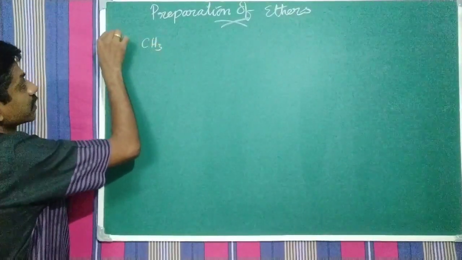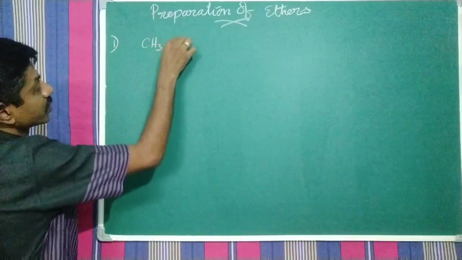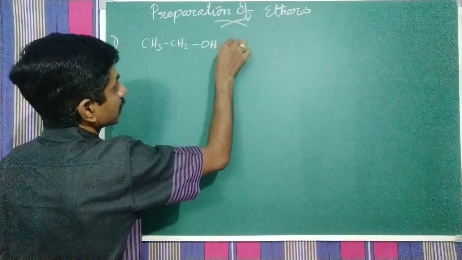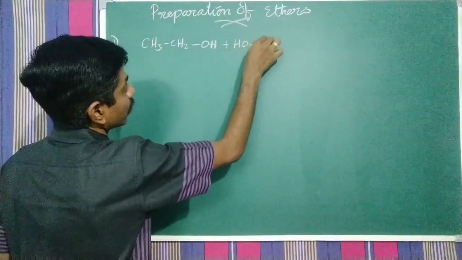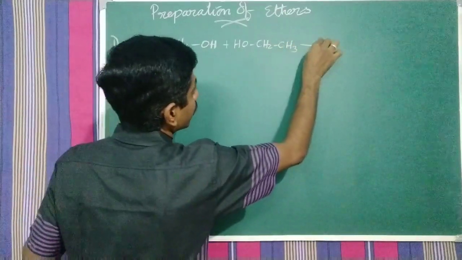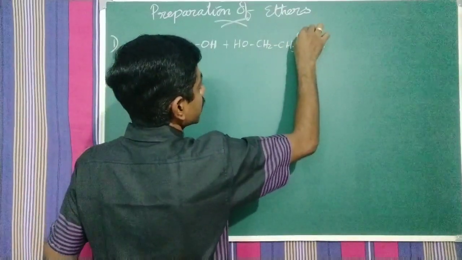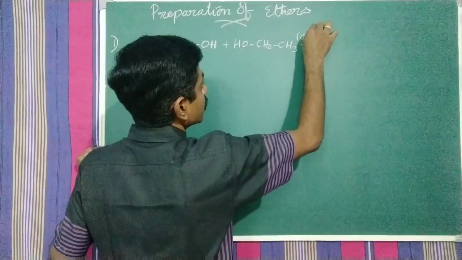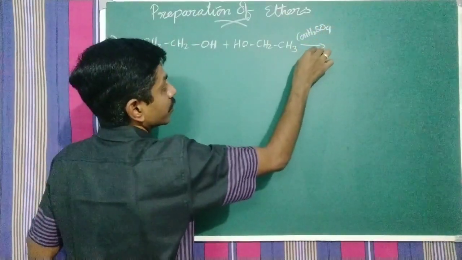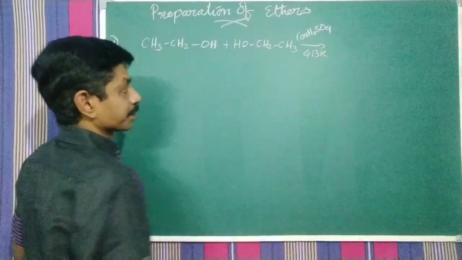If you take the first method, CH3CH2OH, ethyl alcohol, that ethyl alcohol will react with one more molecule of ethyl alcohol in the presence of concentrated H2SO4, a dehydrating agent, at 413 Kelvin.